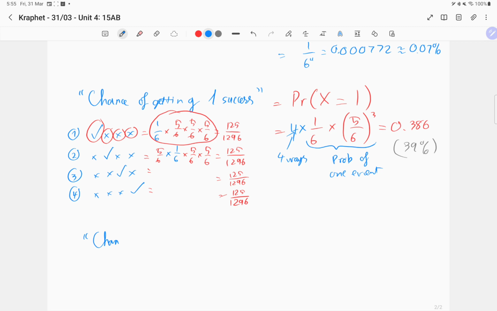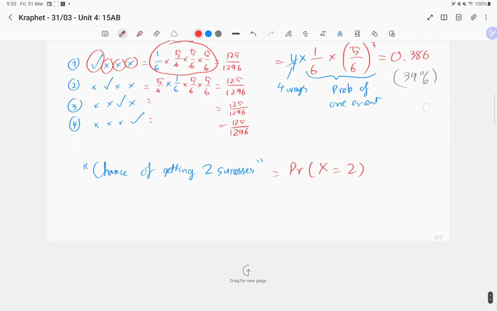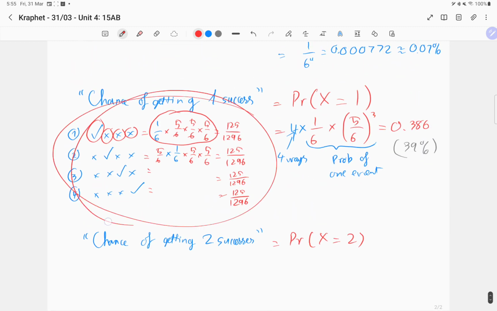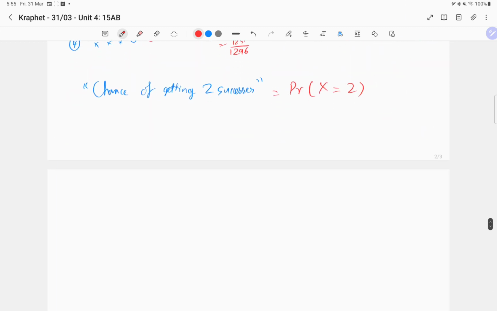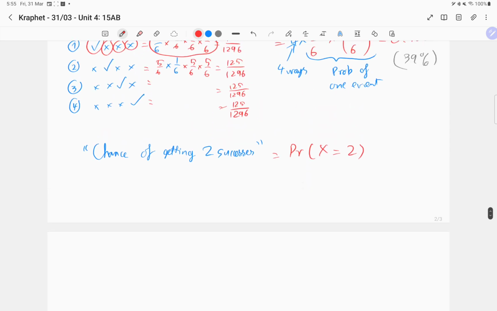So let's say you get a bit greedier. Now let's see what we should be expecting to get 2 winning games out of the 4. Chance of getting 2 successes. Okay, so this would be Pr(X = 2). Let's just say we don't want to list out this whole scenario over here, because that's going to be a little bit tricky.